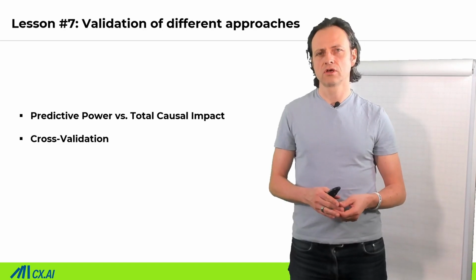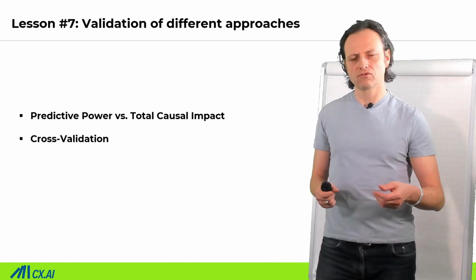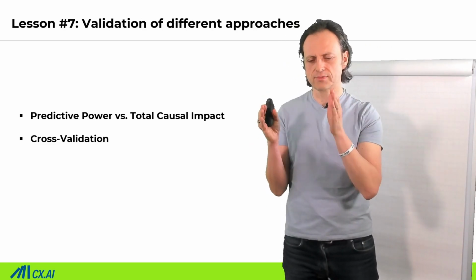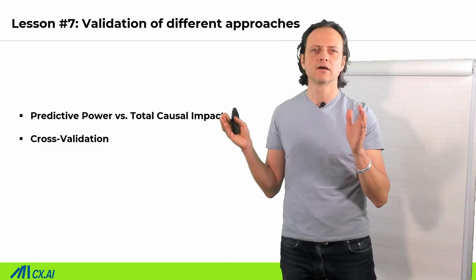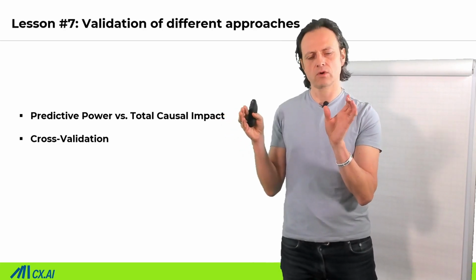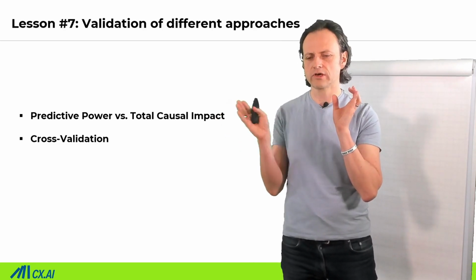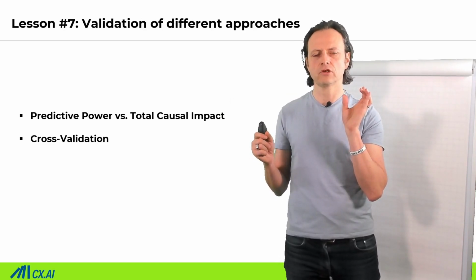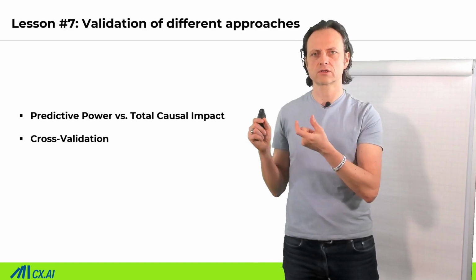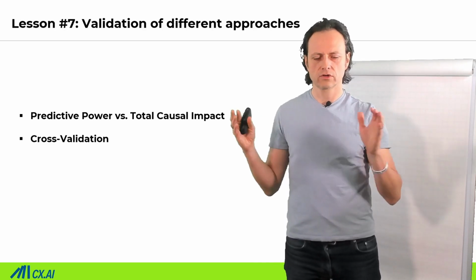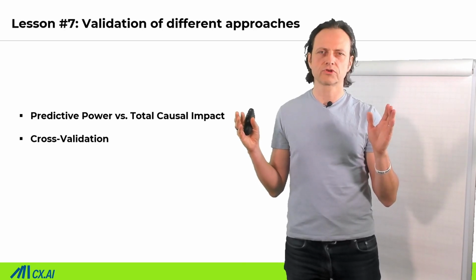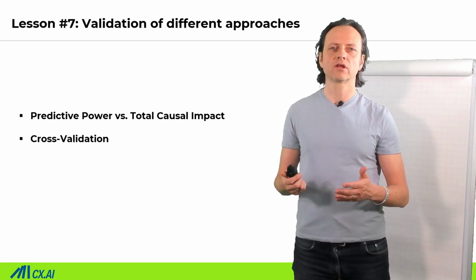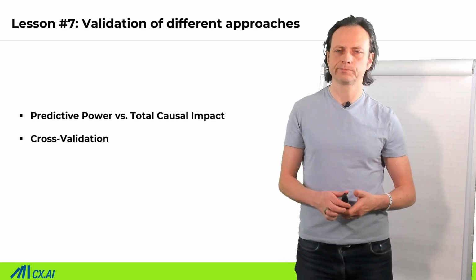Another term is jackknifing. It takes your data set and splits it into, let's say, 10 different pieces. You always take one out, compute the model with the rest, and predict the part which you have taken out. Then you do this with the other parts as well. Across this prediction of the unseen data, you can calculate the predictive power on unseen data.